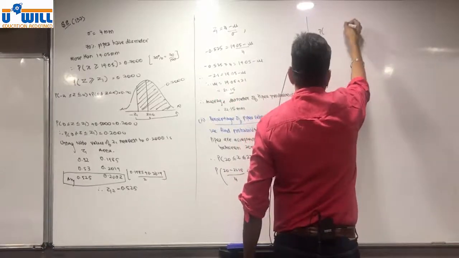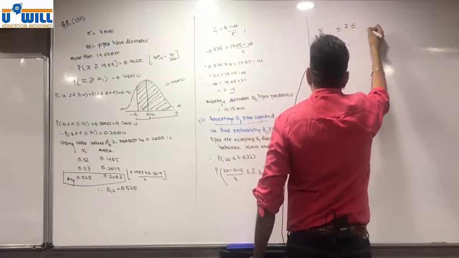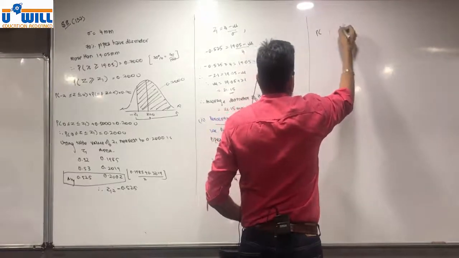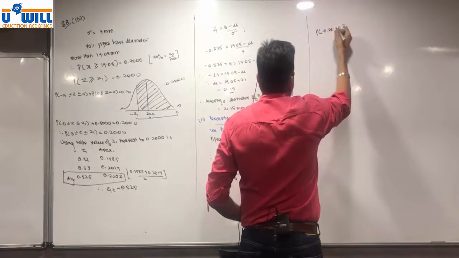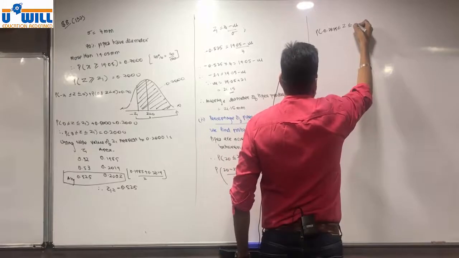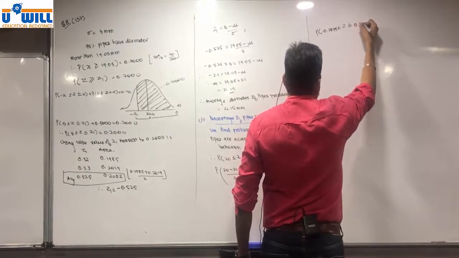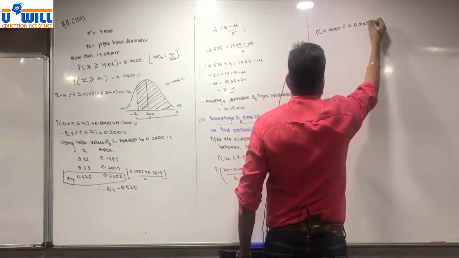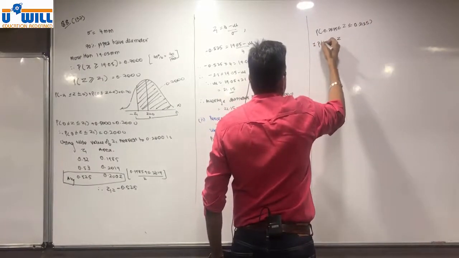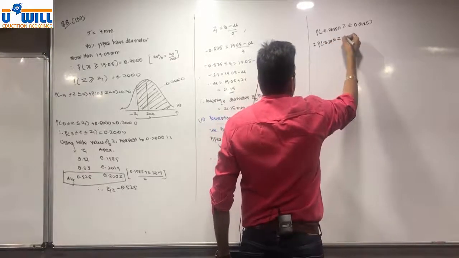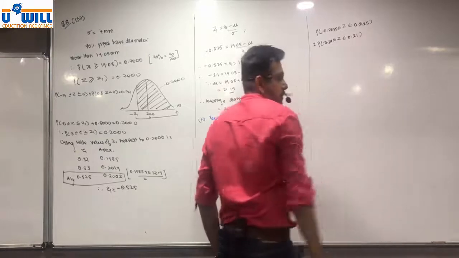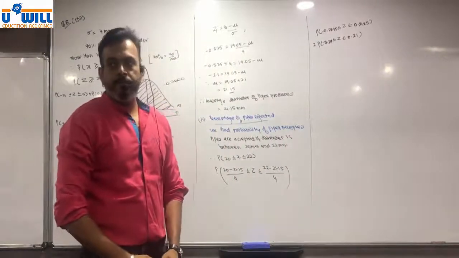So probability of Z greater than or equal to minus 0.2875 and less than or equal to 0.2125. So equivalent to, we can take probability of Z greater than or equal to minus 0.29 and over here 0.21. Round off. Got it?